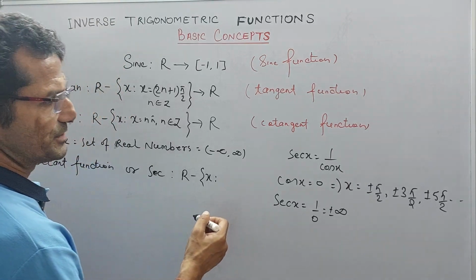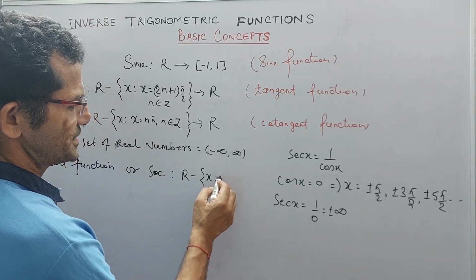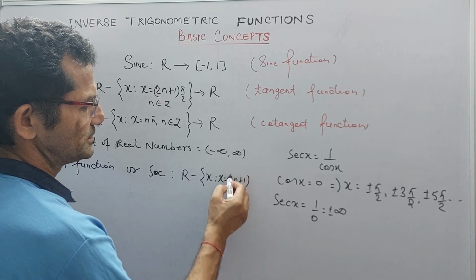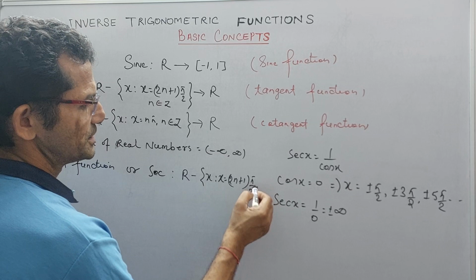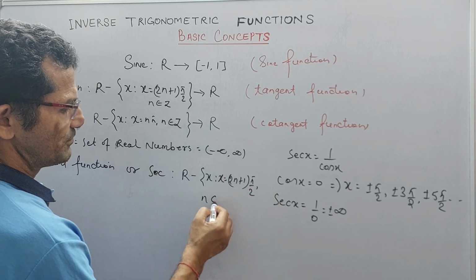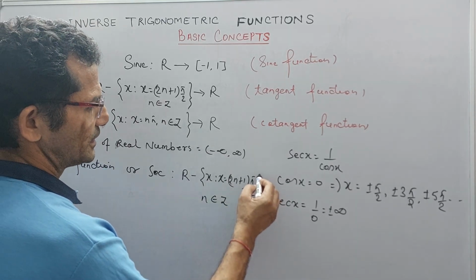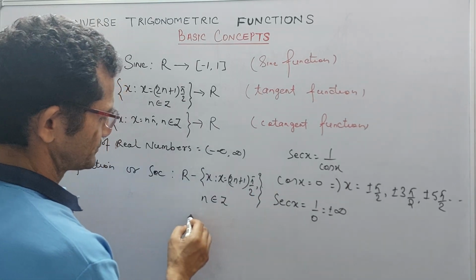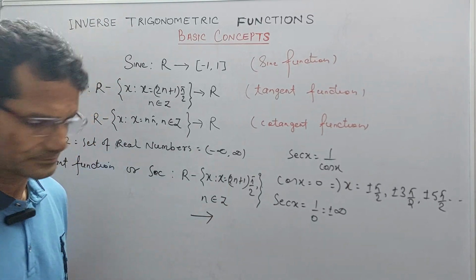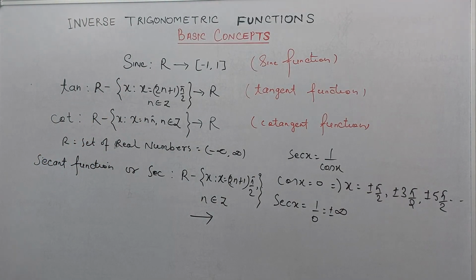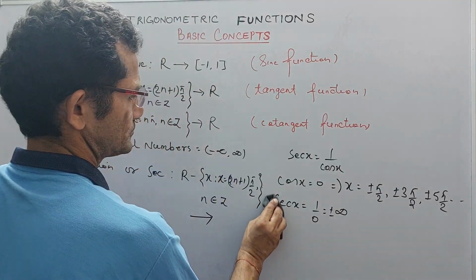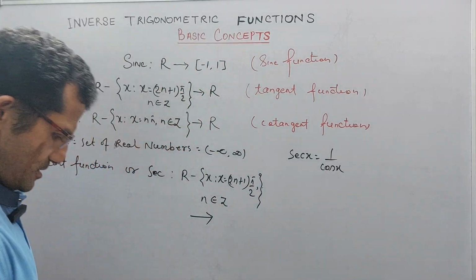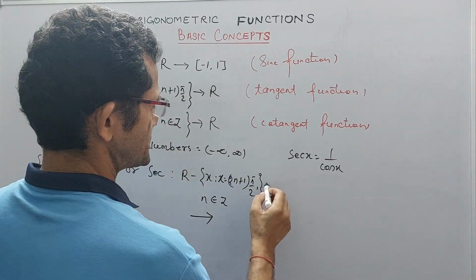Therefore, in set builder form, we have the set of x such that x is not equal to (2n plus 1) pi by 2, where n belongs to the set of integers, and this is the domain.